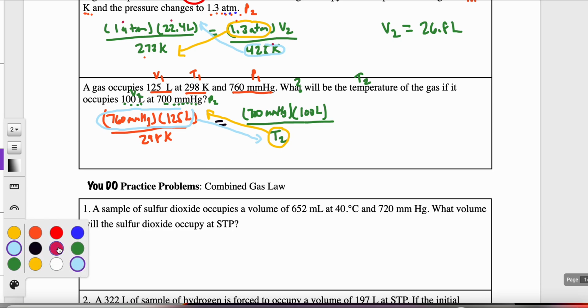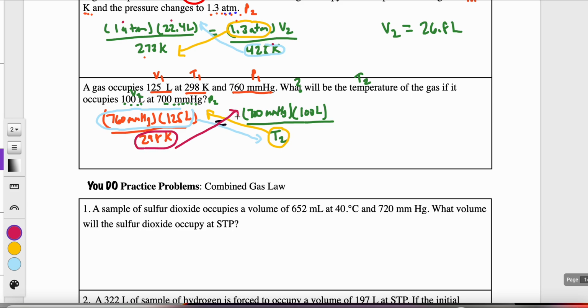We've got to do one more crossing over because we want T2 by itself, so the 298 has to be crossed up to the numerator. In my calculator, it's 298 times 700 times 100. That product is then divided by the information that was crossed down, 760 and 125.